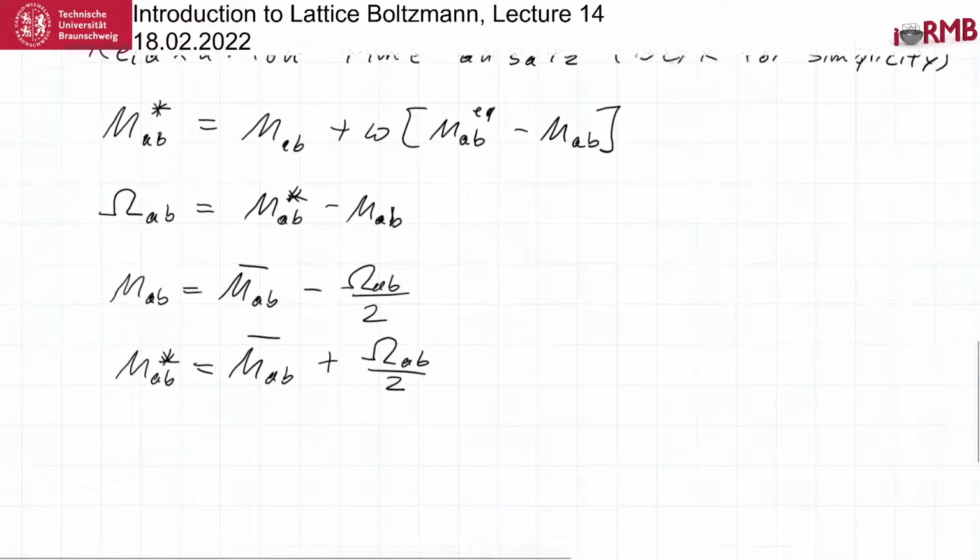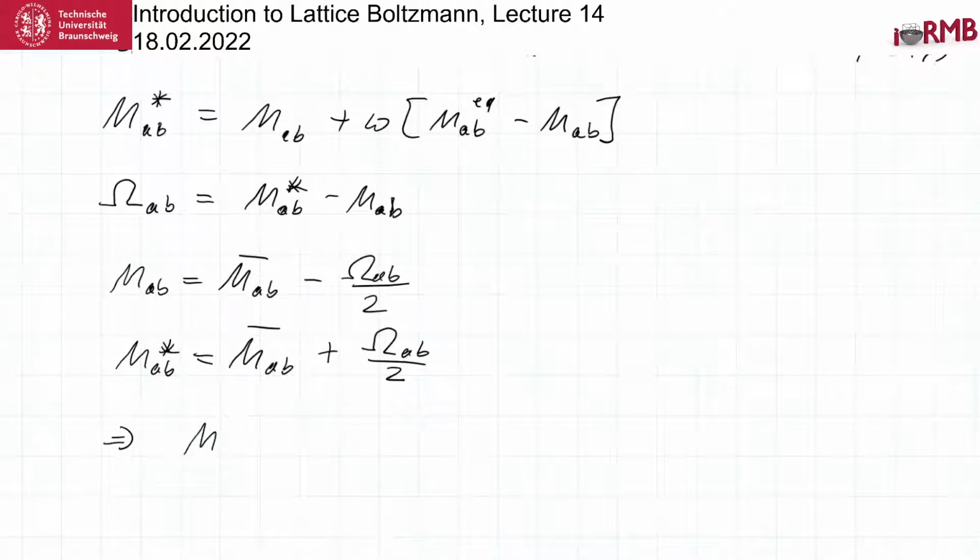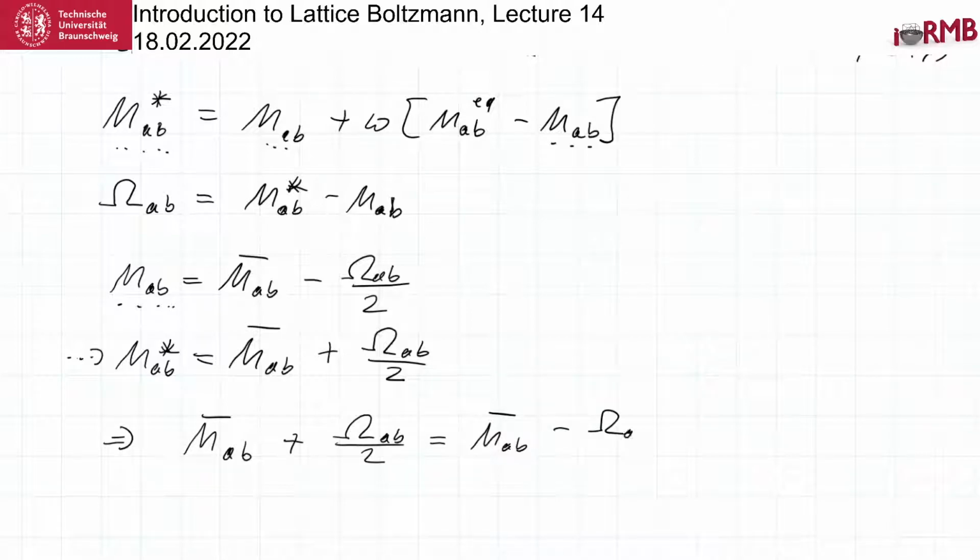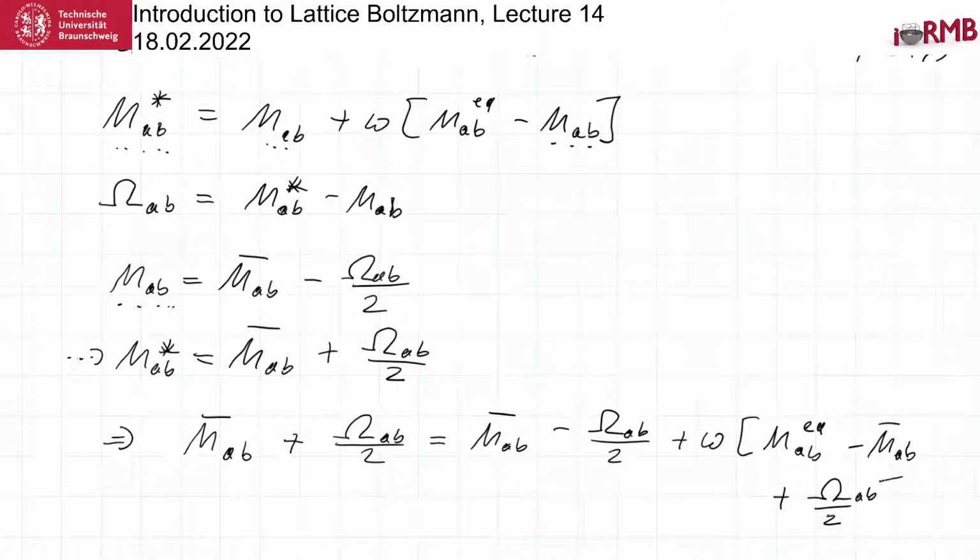to get to the post-collision state. And now for the relaxation approximation, if we put these into this, what we end up with is M_AB bar plus omega_AB half is equal to M_AB bar minus omega_AB half plus small omega, the relaxation frequency, times M_AB equilibrium minus M_AB bar plus omega_AB half.